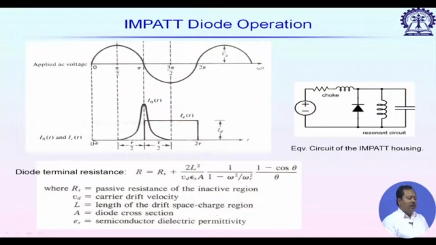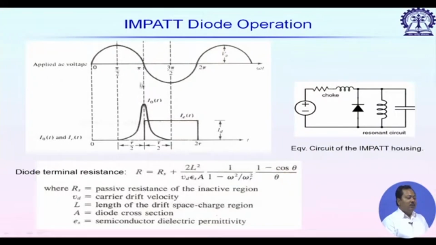So, slowly electron hole pair generation starts and it continues, and when the applied AC voltage crosses the point pi, just after this the total superimposed AC plus DC is just below the voltage required for the breakdown. So, then the electron hole pair generation continues throughout this positive half cycle and it reaches a maximum point when the applied AC voltage crosses this pi point.